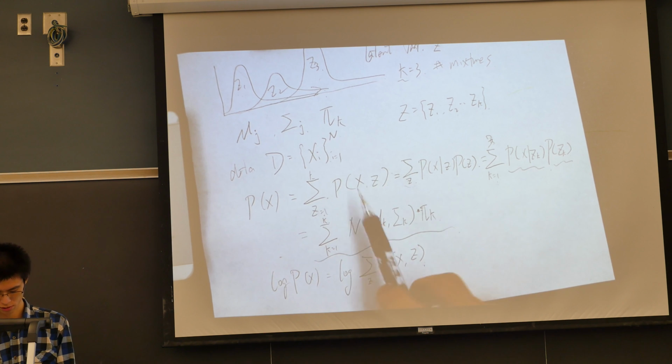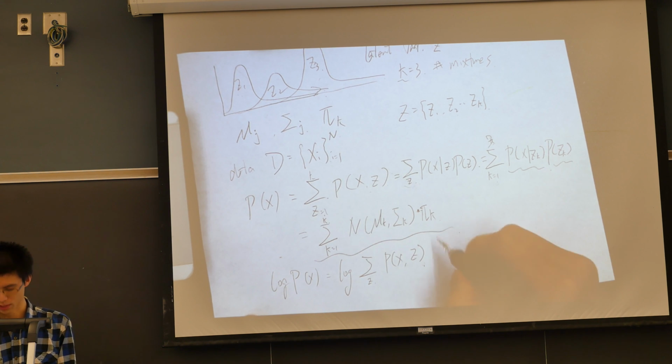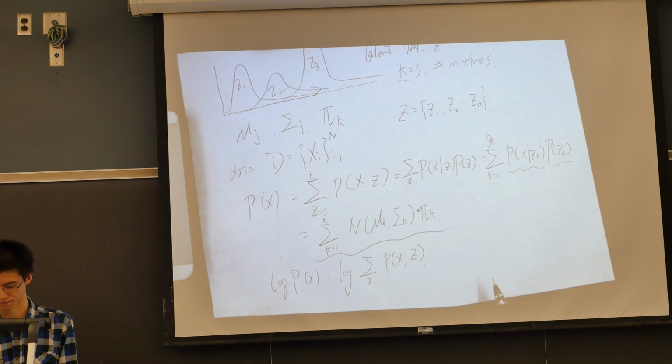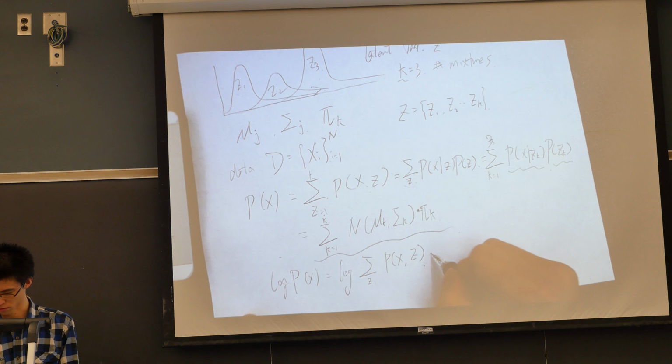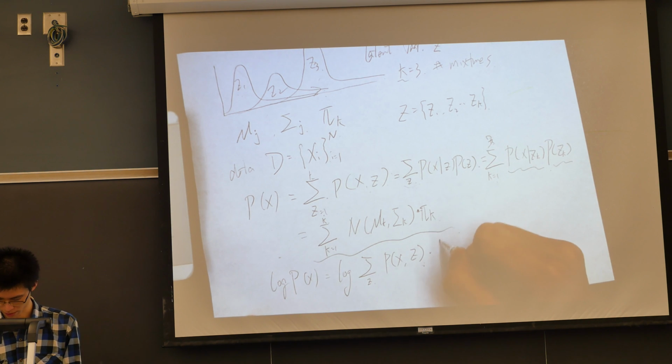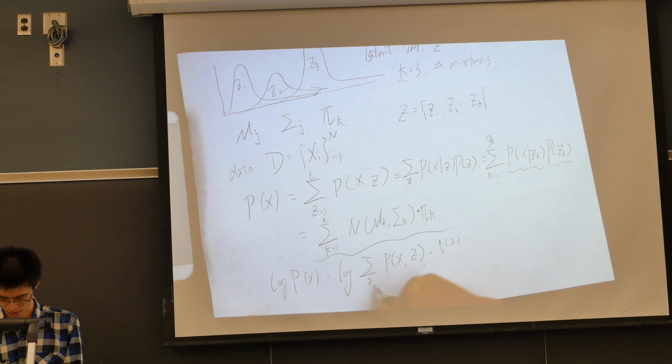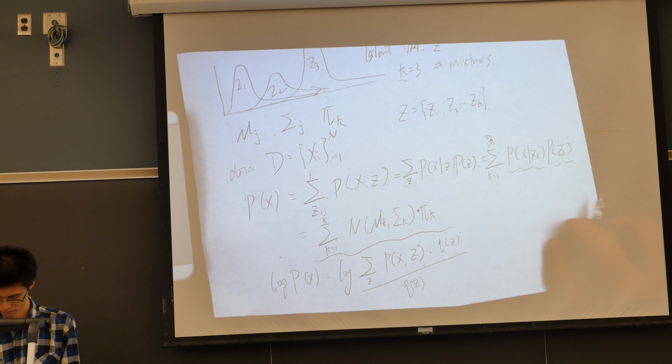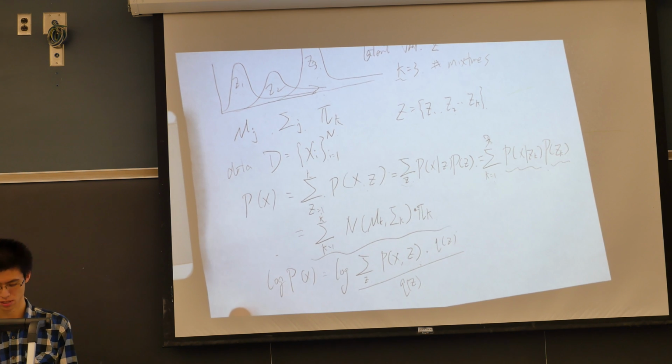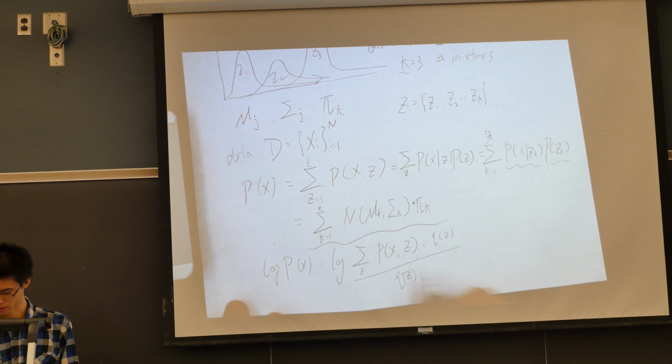So this corresponds to the log of this. And now we're going to do a little bit of a trick here. We're going to multiply by a QZ and also divide it by a QZ. And I'll introduce in a moment why we're doing this.